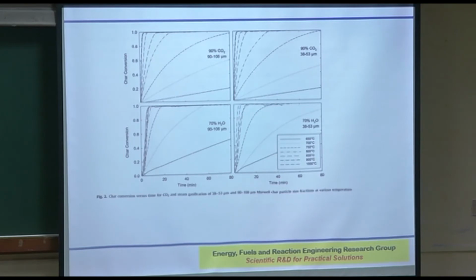That's what you will see, because TGA is a very, very slow heating rate process, but very controlled, 10 degrees centigrade per minute, whereas in a gasifier, drop tube furnace or entrained flow gasifier, the heating rate is well over 10,000 K per second. So there it is very, very fast. So again, this is a relative comparison of the reactivity and nothing else.